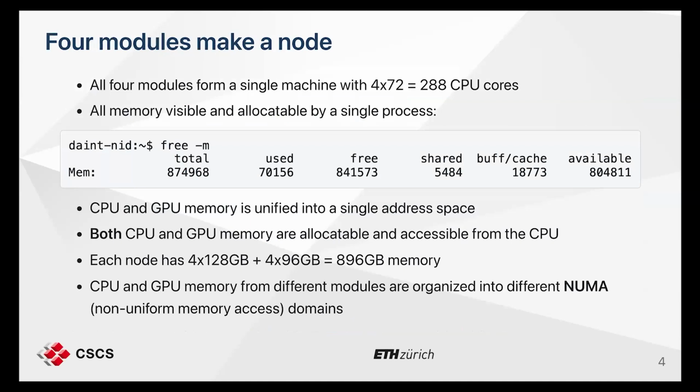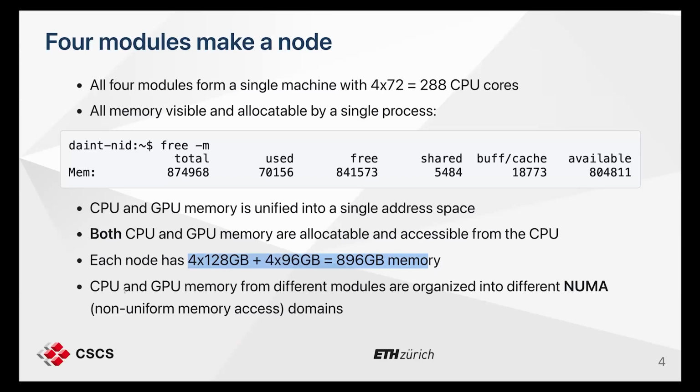All these 4 modules together create a single node with 288 CPU cores. All memory forms a unified address space, so both CPU and GPU memory are accessible from either processor. If you go into a Daint node and check the total available memory, the system will report 896 gigabytes of memory.